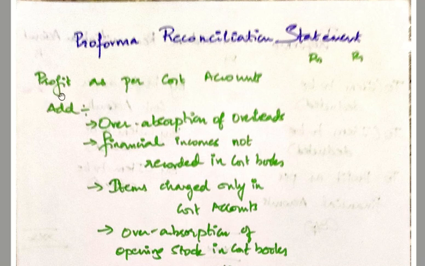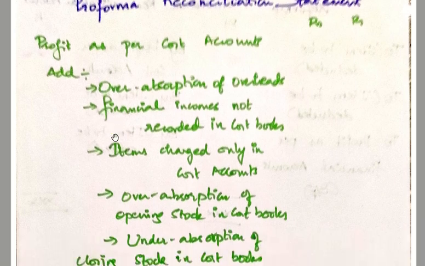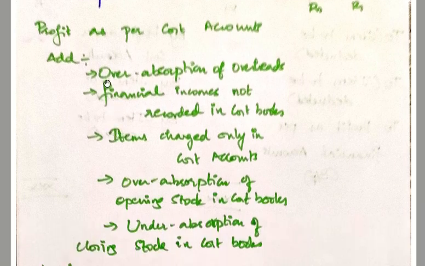When you start with profit as per cost accounts, the things to be added and minused are as follows. You add over absorption of overheads, any expenses which are charged in excess in your cost accounts. Then financial incomes not recorded in cost books, the incomes which are financial in nature, will be added.